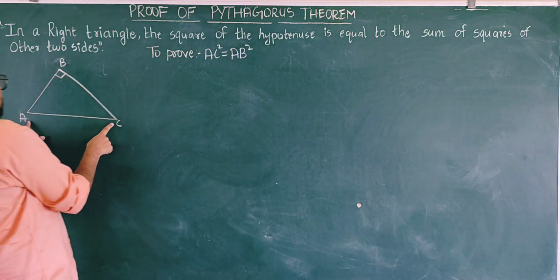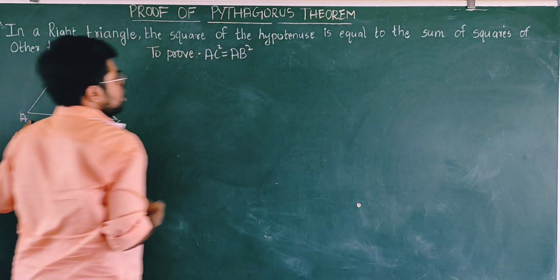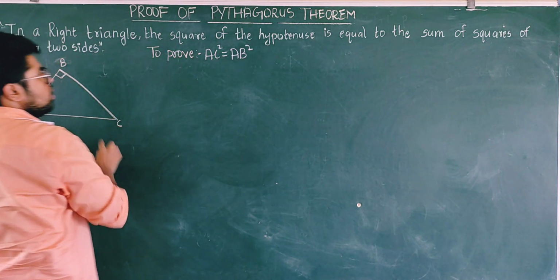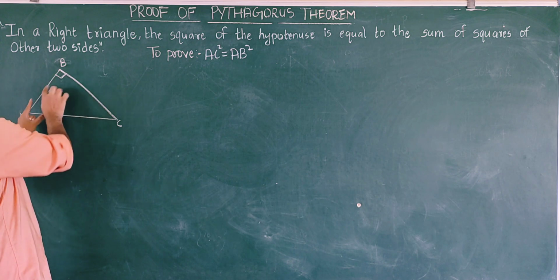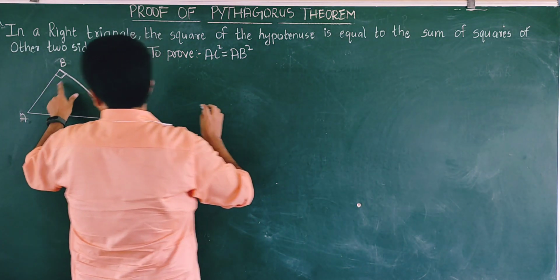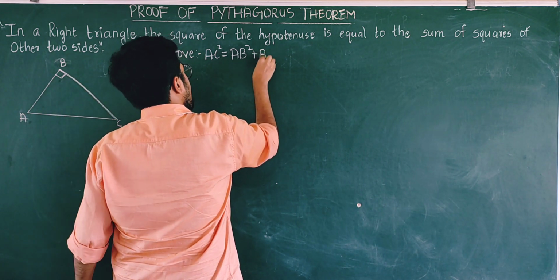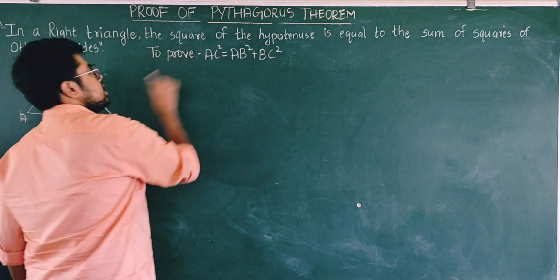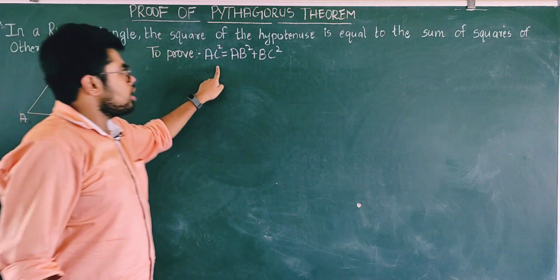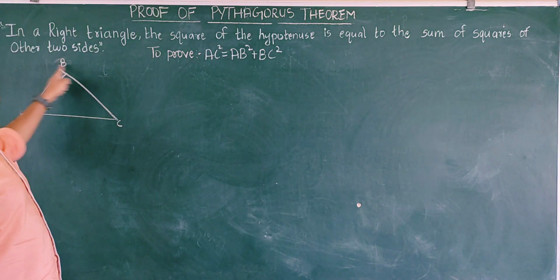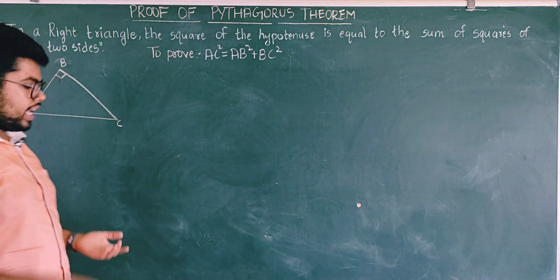The square of the hypotenuse is equal to the sum of the squares of the other two sides. The other two sides are AB, which is one side, and BC, which is one more side. So this is the proof that I need to do.